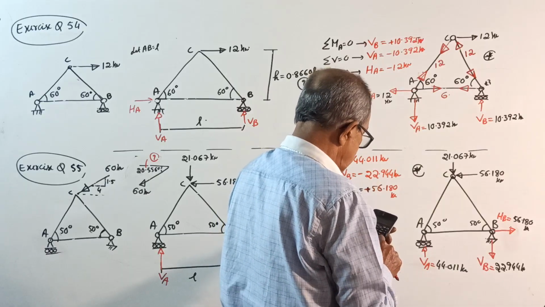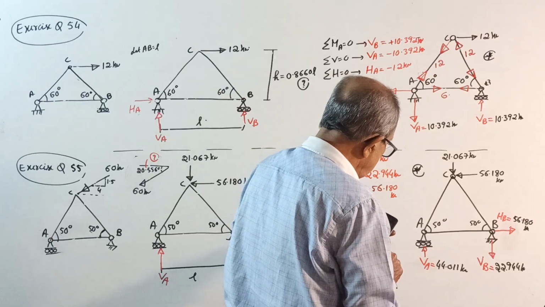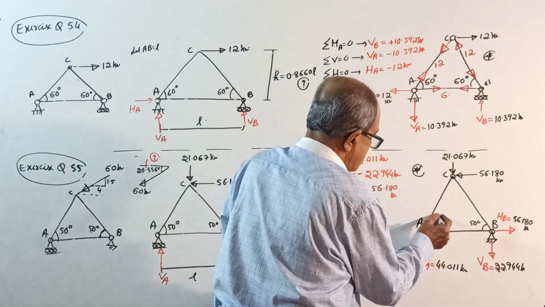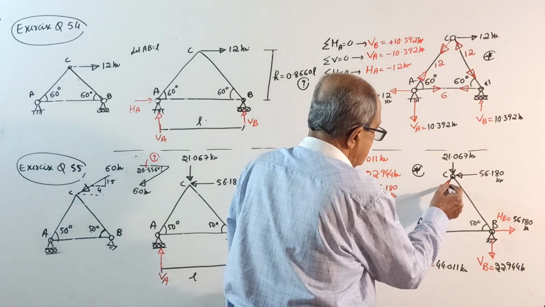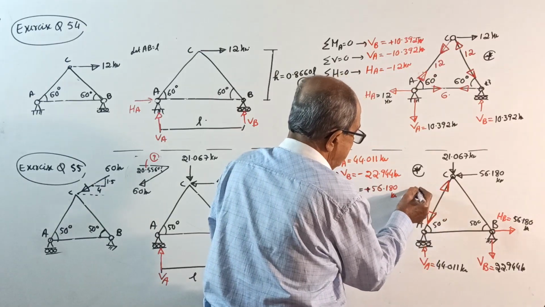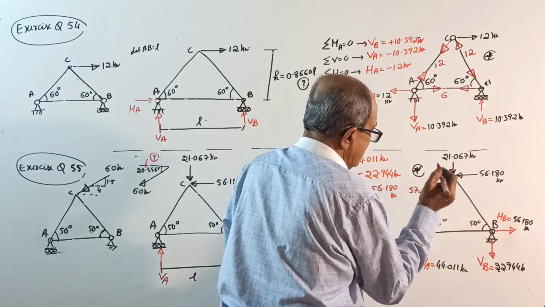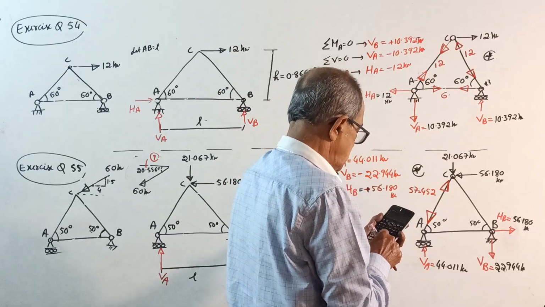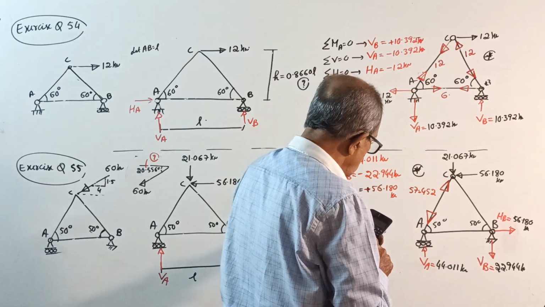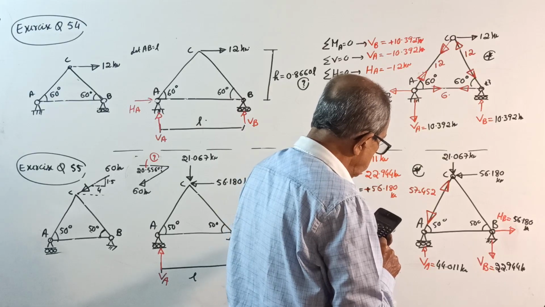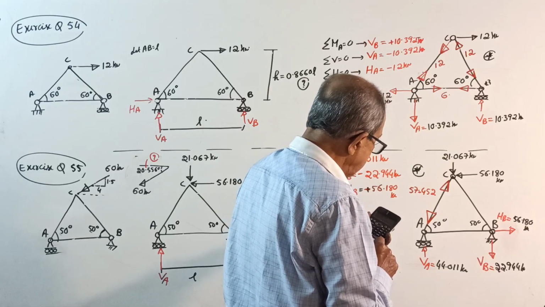Sine 50 degrees. 57.452. 57.452. If it is not visible, I am dictating 452. Cos 50. 36.9296. 36.930.